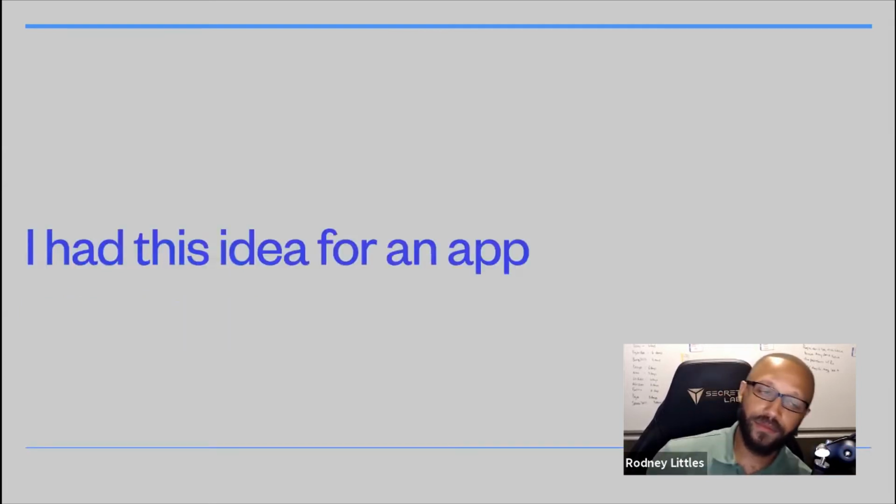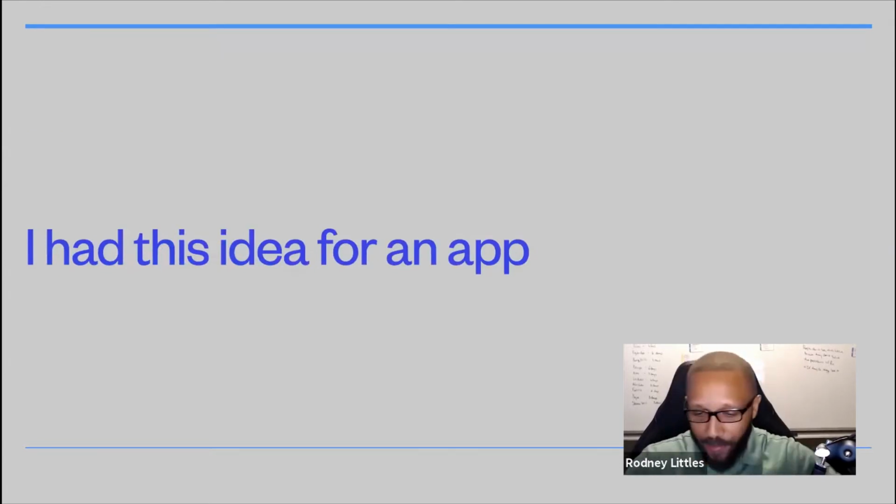Glenn had this idea for an app. He said, hey, Rodney, I've got to go out this weekend and do some stuff, but there are all of these unmanageable lines. I myself had just come from grocery shopping with my wife, where we had to stand in line and wait for folks to come in and out. And it dawned on Glenn: what if you had the ability to queue up for these outings?